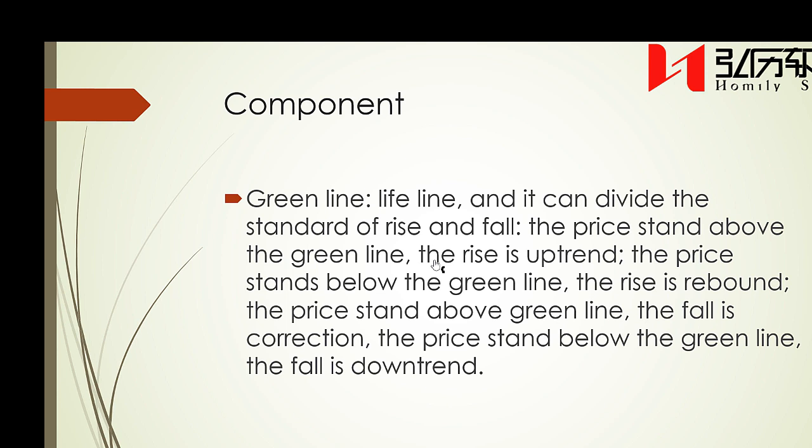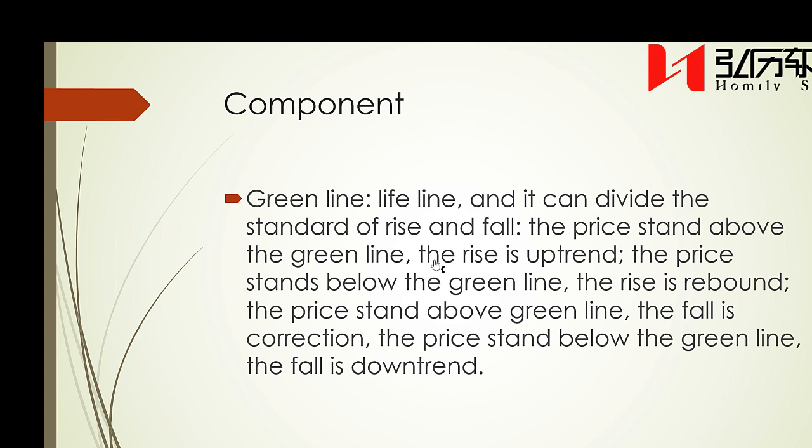If the price stands below the green line, the rise is a rebound only, so we should know about this. If the price stands above the green line, the price dropping is a correction. And if the price stays below the green line, the fall is a downtrend. So it is still a downtrend.